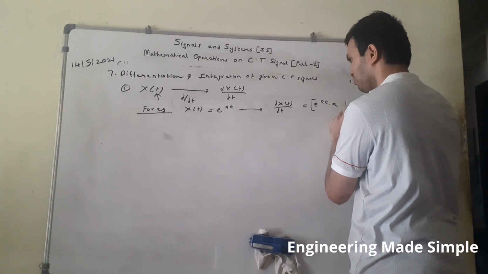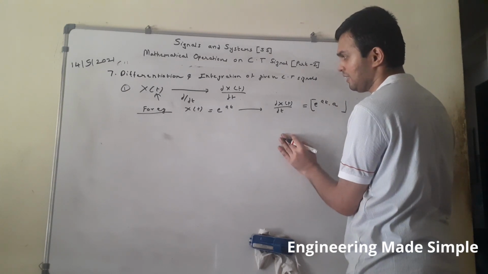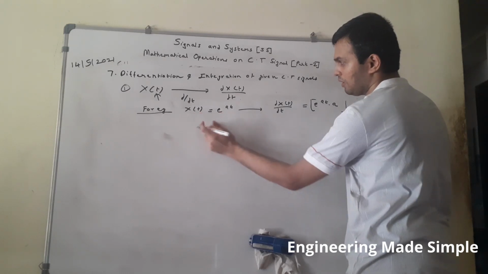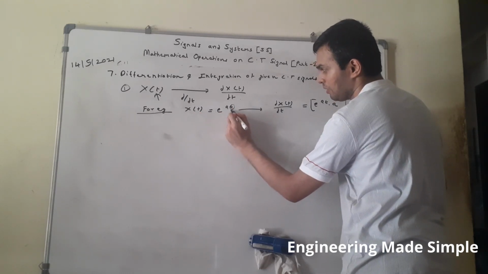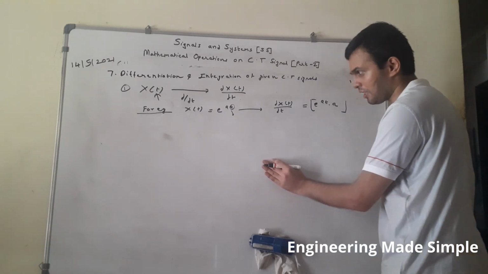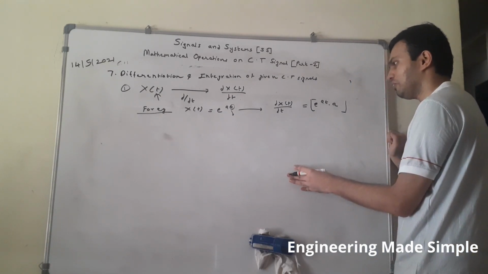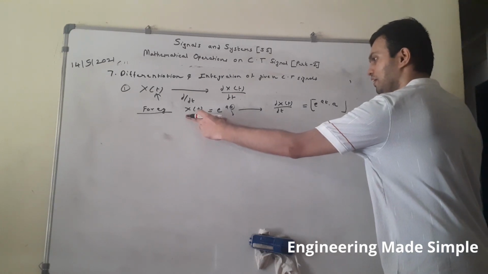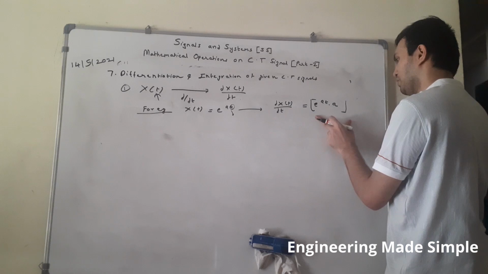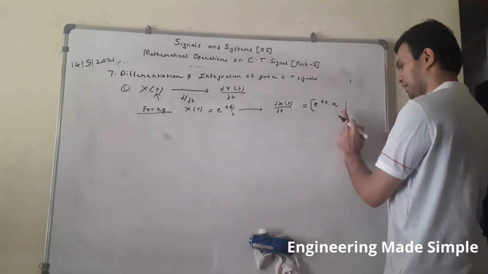As this is a signal equation which is differentiated or integrated with respect to the independent variable time t, you are required to know the differentiation and integration formulas that you have already studied in mathematics. So when I differentiate this given continuous time signal with respect to t, I get e raised to at into a.